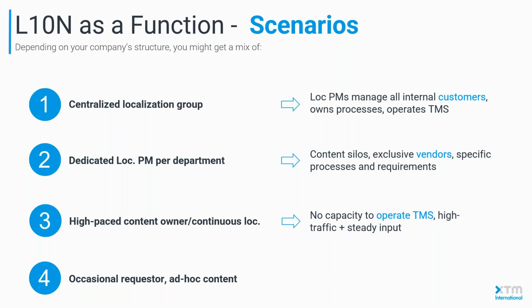They don't have capacity to project manage their requests or operate the platform, so they're not operating the TMS. They have, however, fixed scope and consistent input. So there's high traffic, but overall low maintenance because they have low variation in the way that they send their requests.